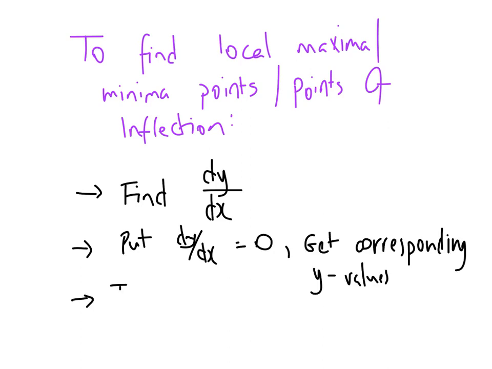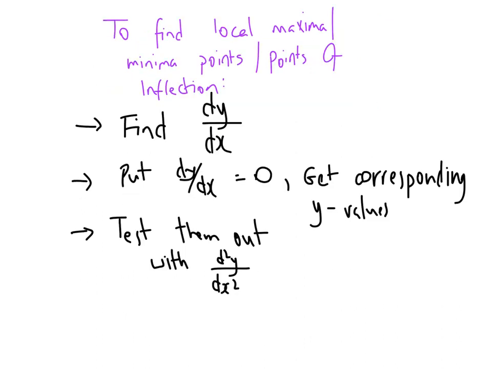And then we test them out with our second derivative, d2y dx squared, to see whether it is less than 0, local max. If the second derivative is greater than 0, it's a local minimum. And if it's equal to 0, it's a point of inflection, POI.